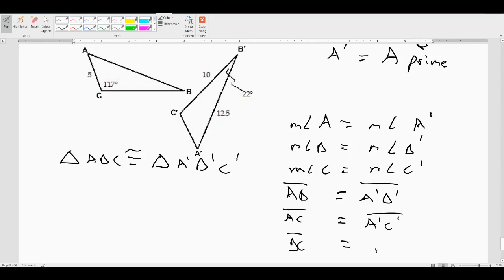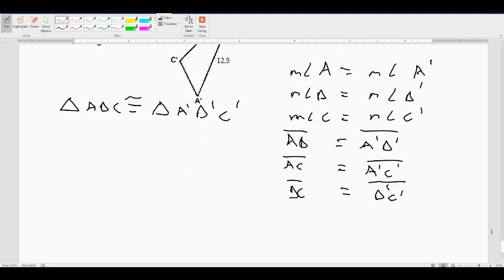That's going to be equal to B prime, C prime. If you think about it, it makes sense, once you have it labeled correctly. So you're going by AB, A prime, B prime, AC, A prime, C prime, BC, B prime, C prime. So everything is right there for you.